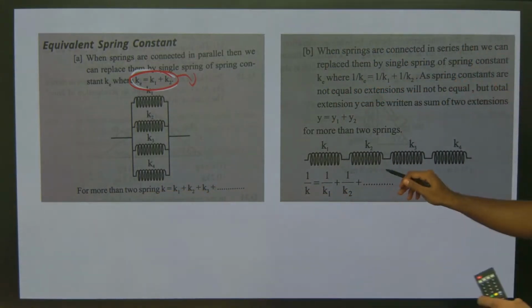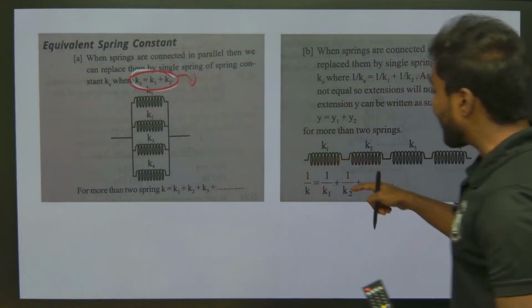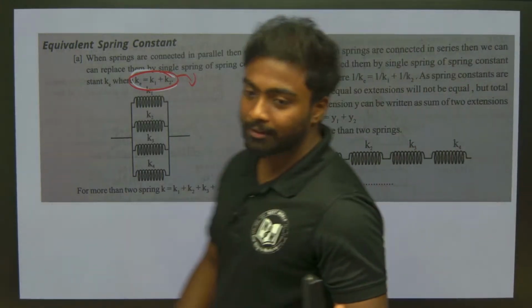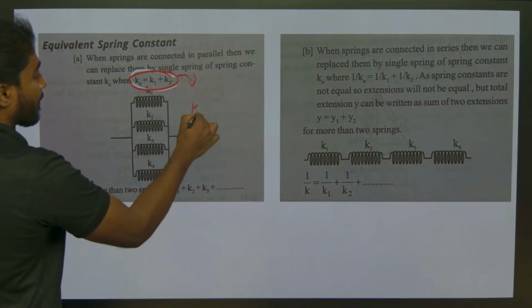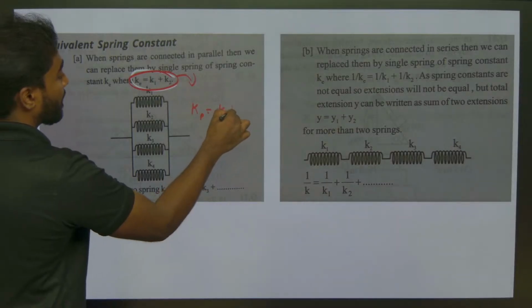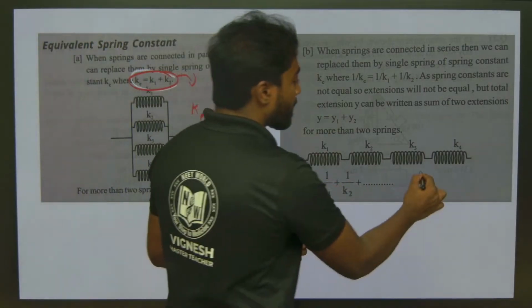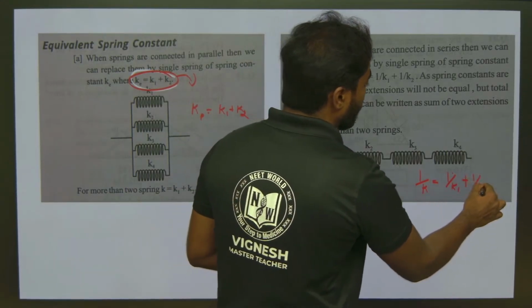When they are in series, how can I write? 1 by K1 plus 1 by K2 plus 1 by K3 up to 1 by Kn. So two formulas are there, one for series and one for parallel. For parallel, K parallel is equal to K1 plus K2 for two springs. For two springs in series, 1 by K is equal to 1 by K1 plus 1 by K2.